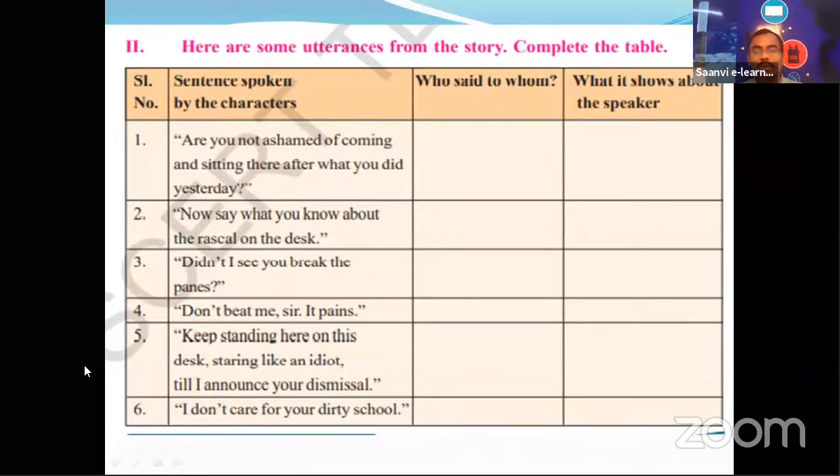What does it show about the speaker? Same, authority and anger.